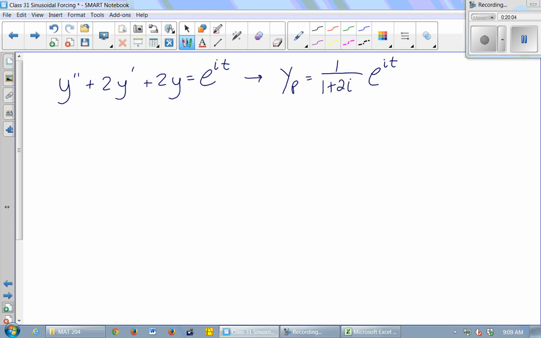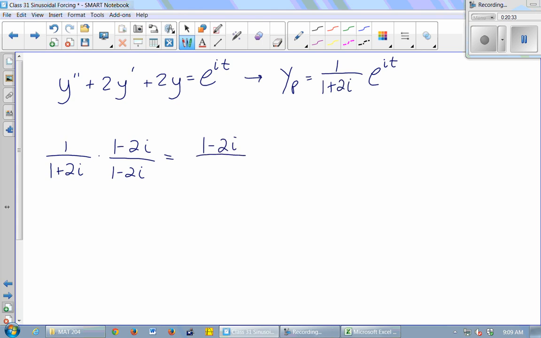Writing a complex number as 1 over 1 plus 2i is a little bit strange. We like to write complex numbers in the form a plus bi. So I'm just going to simplify that 1 over 1 plus 2i a little bit. I'm going to do that by multiplying the top and bottom of the fraction by the complex conjugate, 1 minus 2i over 1 minus 2i. So my numerator becomes 1 minus 2i.